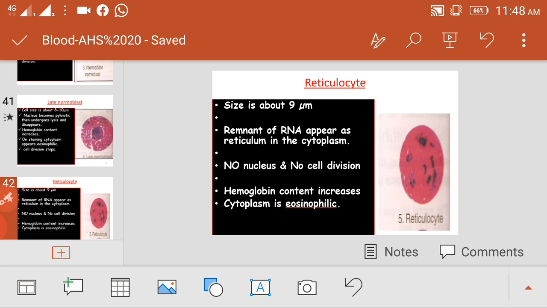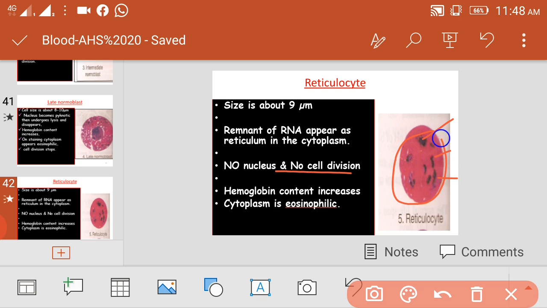There is no nucleus, so no cell division. Hemoglobin content increases, so the cytoplasm is eosinophilic. It takes more red stain.